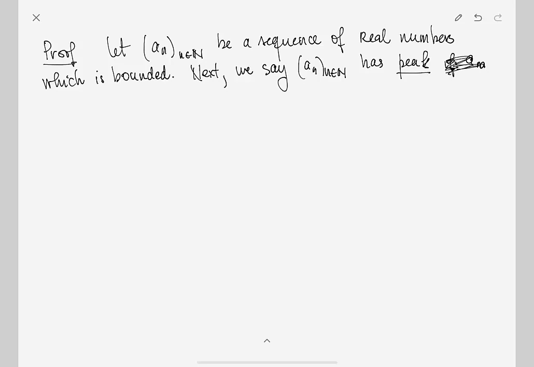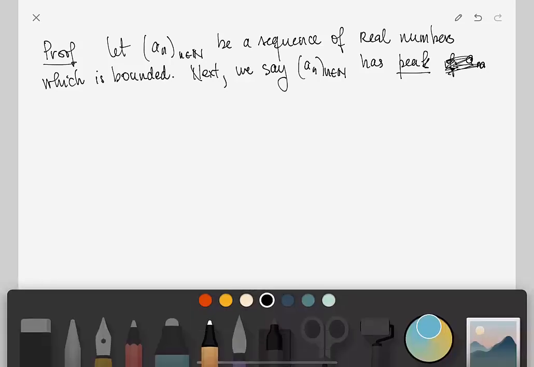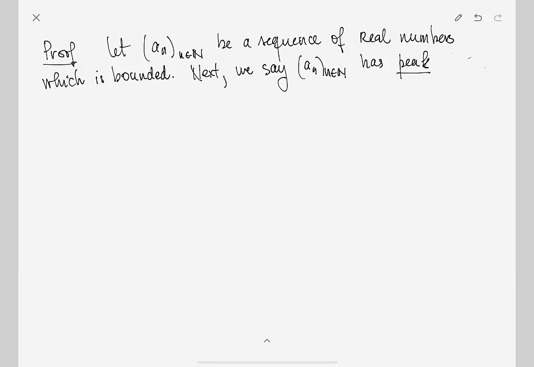So we'll say that our sequence has a peak, which we denote by a_m, if a_m is greater or equal to a_n for all n greater or equal to m.